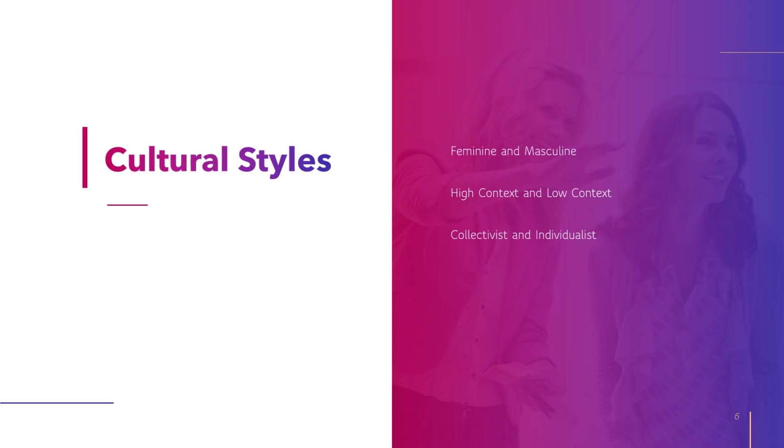Another factor that's influencing our verbal communication are cultural styles. Now, these are different from our societal values that we hold. Cultural values are a different focus. Some of these are easier to see in a language like Spanish, where different words have a masculine form or a feminine form.